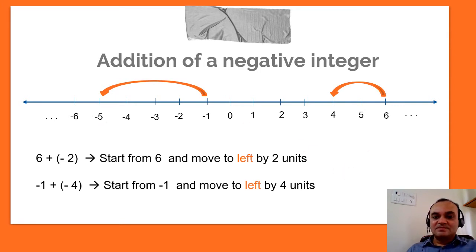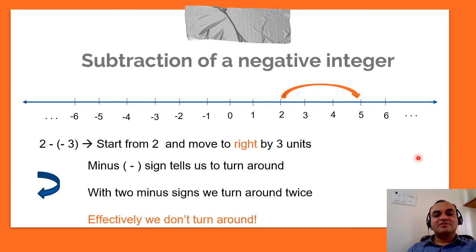Okay. So let's move to the next topic, where we want to subtract a negative integer. So this is interesting. We want to basically do, say, 2 minus of minus 3. Okay. So we start at 2. Now we want to subtract, so we should go in the negative direction because the minus sign tells us to turn around, and we want to subtract minus 3.